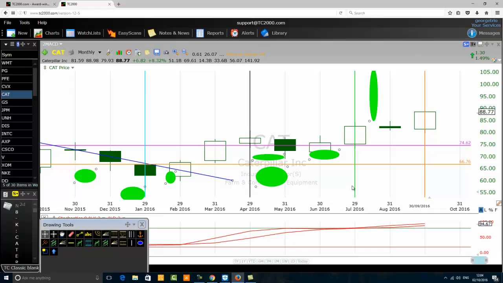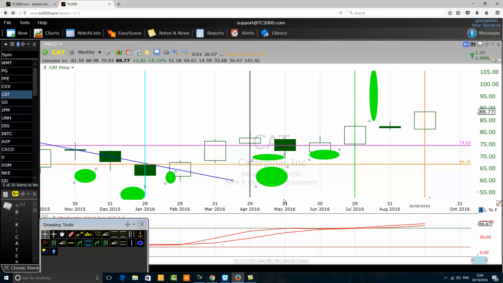This is the second quarterly candlestick bar, and the third quarterly candlestick bar is formed from the beginning of July up to the end of September. So 3 monthly candlestick bars will form a quarterly candlestick bar.